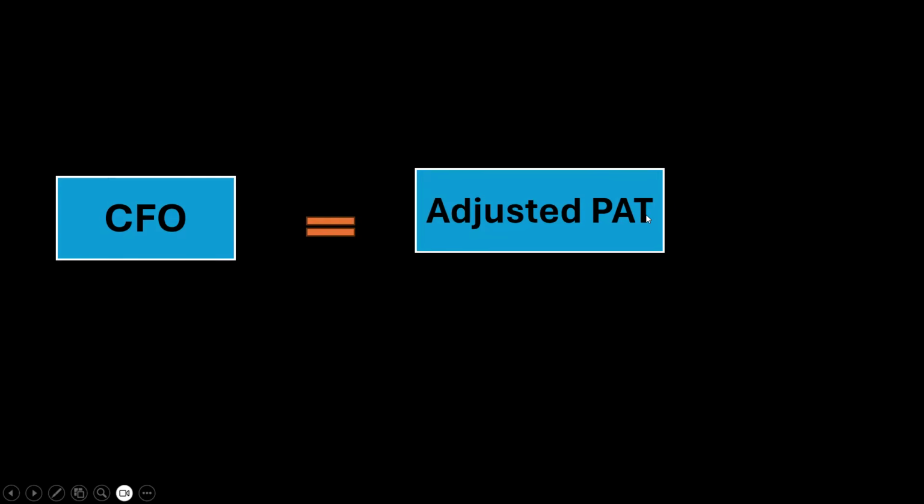The indirect method answers the question, why is CFO not the same as PAT? There is every possibility that companies may have positive PAT but negative CFO, or vice versa.